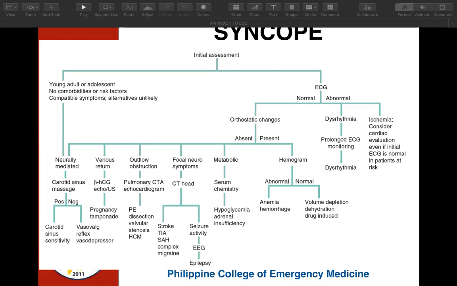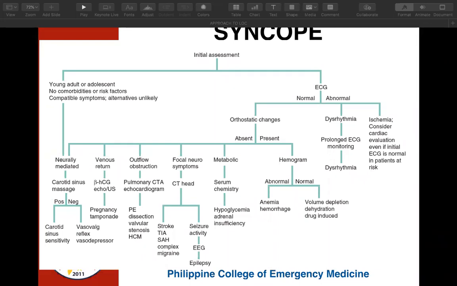You can also think of focal neuro symptoms, so you need to do a cranial CT scan to check if the patient is experiencing stroke, TIA, subarachnoid hemorrhage, or to rule out a complex migraine. You also need to think of seizure activity. If you're considering seizure activity as the cause of the syncope, you need to ask for an EEG. Okay. Next is outflow obstruction.